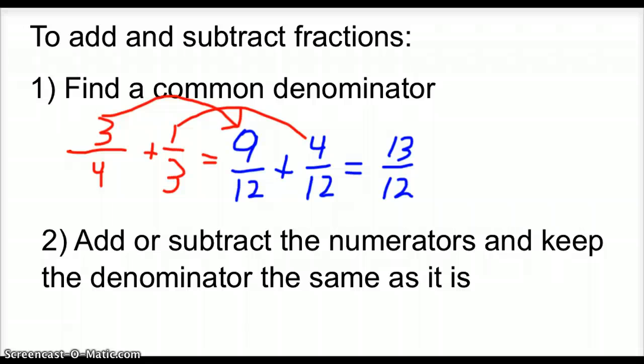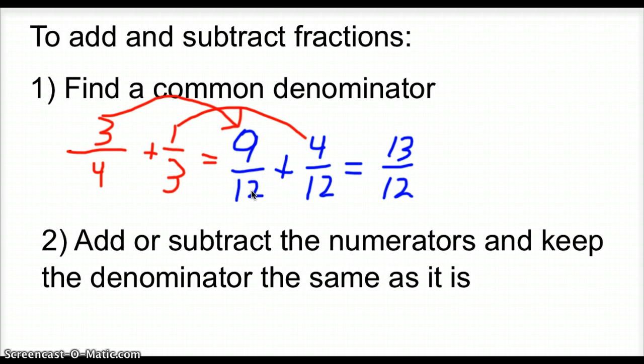So in this case, if we have 3/4 plus 1/3 equals something, we can simply multiply 4 times 3 together to get 12. So that's the denominator we'll use now for both of the terms, and we have to get an equivalent fraction. In this first case, 4 times 3 equals 12.